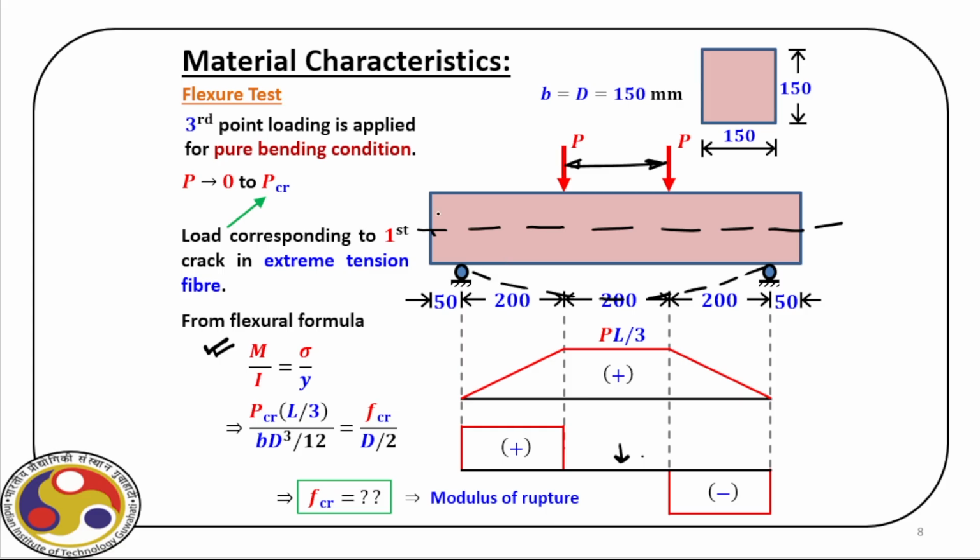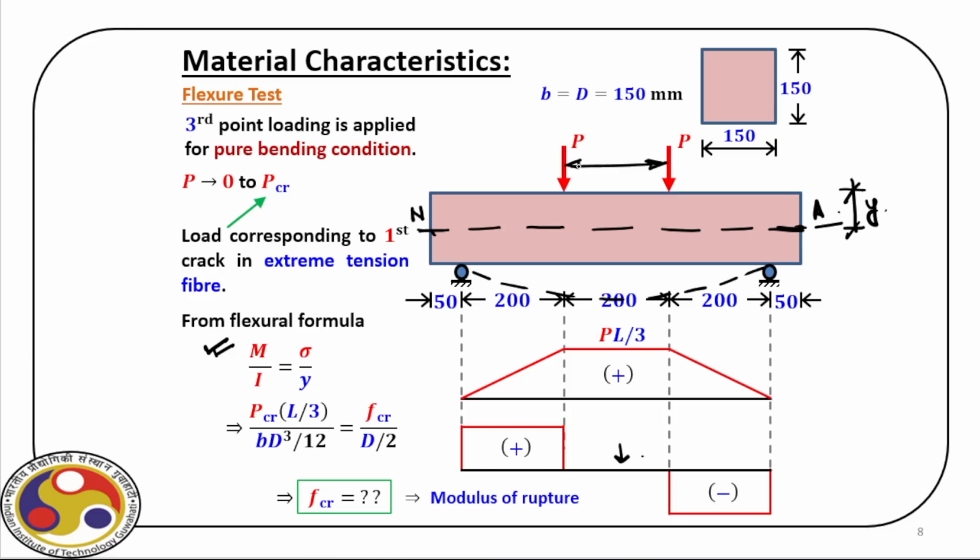And then what will happen? At the top, we'll have compression, and at the bottom, we'll have tension. And therefore, in between somewhere, we have a plane where there is neither tension nor compression, and that is what is called neutral axis, right? From this neutral axis, this extreme fiber has a distance of y.